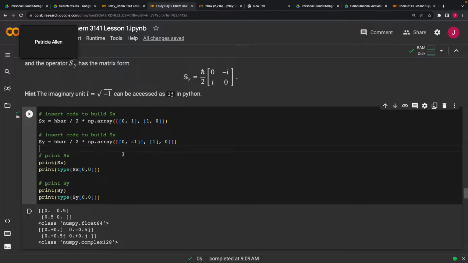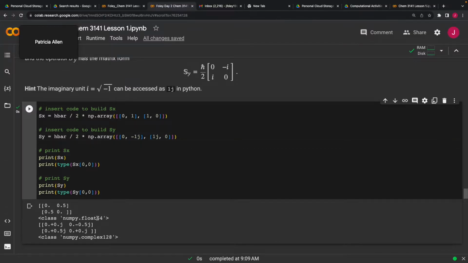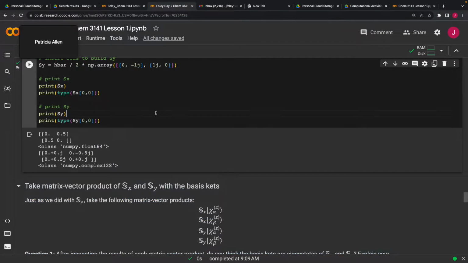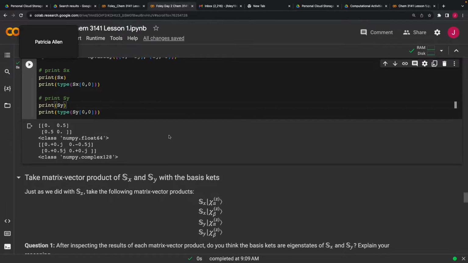So if you want to know something about the precision that you can represent these numbers, this is actually giving you a hint. This is telling you that each of the floats is represented by 64 bits, by 128 bits, which should be equally spread among the real and the imaginary components. So each real part of the complex has 64 bits, and each imaginary part of the complex has 64 bits.